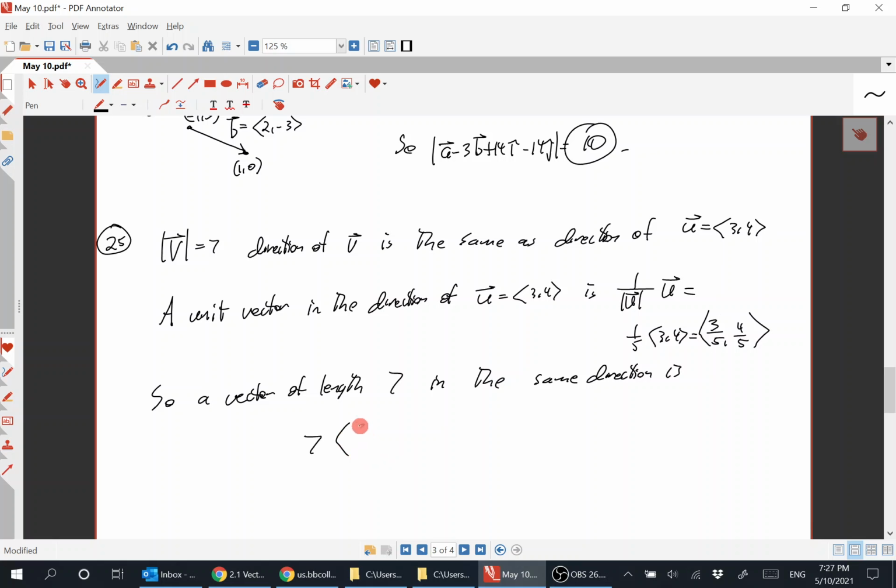You have to start with the unit vector, because the unit vector has length 1, and when you multiply it by 7, the length gets multiplied by 7. As long as that length is 1, when I multiply by 7, the length turns out to be 7. If this one had length 2, and I multiply it by 7, then I'd have length 14. So you have to bring it down to length 1 first, and then multiply it by the desired length. So that's 21 fifths, 28 fifths.